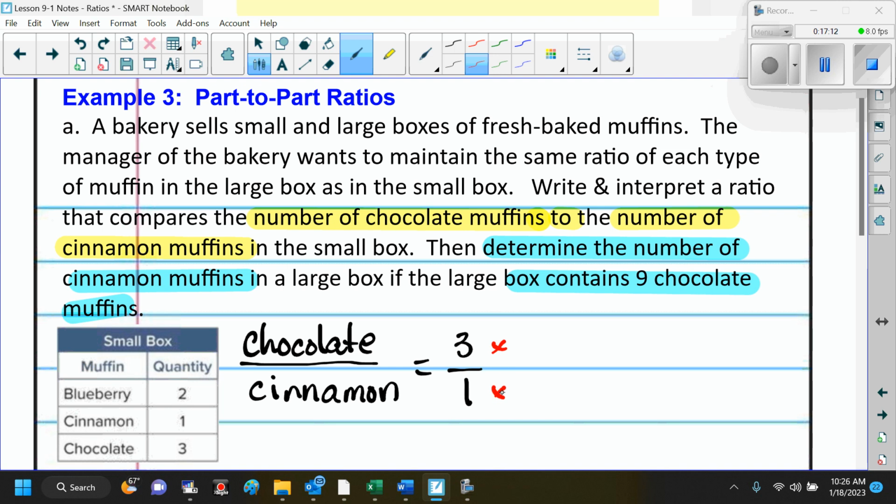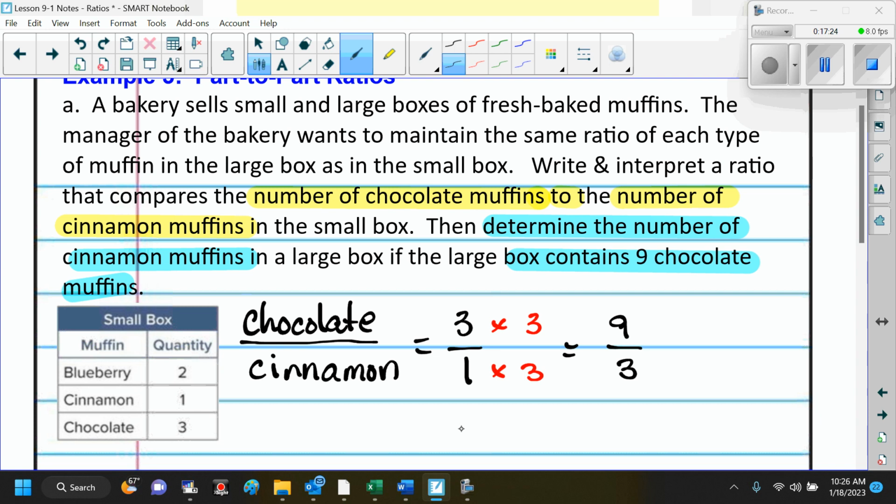So we're going to multiply the numerator and the denominator by 3, and that's going to give me 9 to 3, which means that my answer is going to be 3 cinnamon muffins. Is everybody clear? All right.